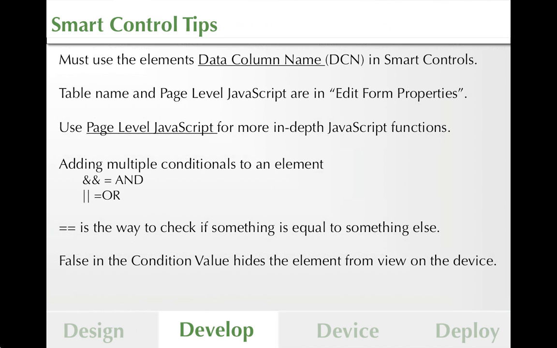And the last two, we have the equal sign. When you use that, it's saying that this element is equal to maybe 0 or 2. Maybe you want an element to only show based off an option list. That's when you'll use the equal. And lastly, the false in the conditional value will hide the element from view on the device.